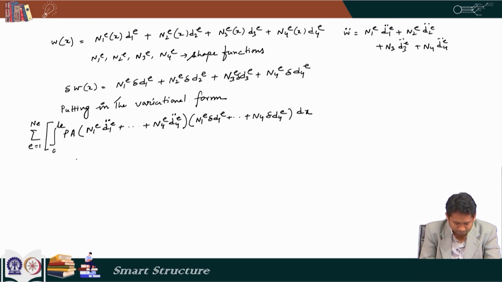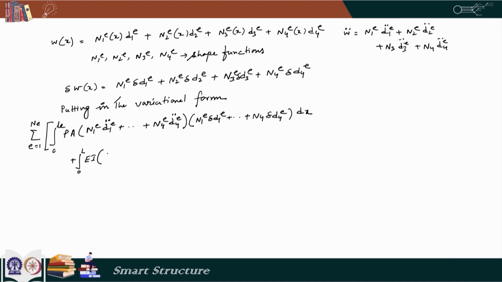So, that is the first term, the inertia term, and then we have the next term which gives us E I. Then we have n1 comma x x into E multiplied by d1 e, because if this is my w, in the second term in the variational form we have del 2 w by del x 2.